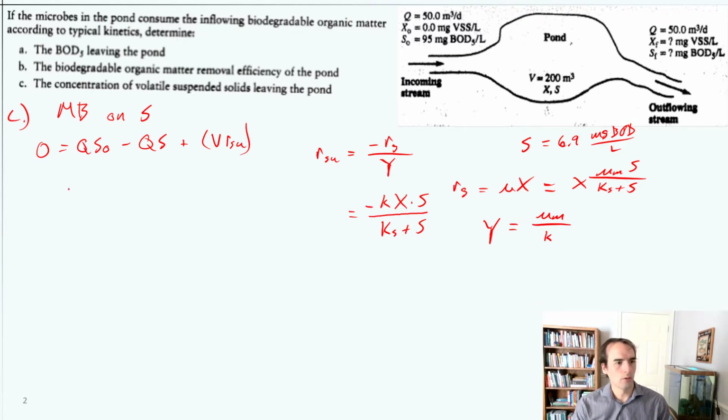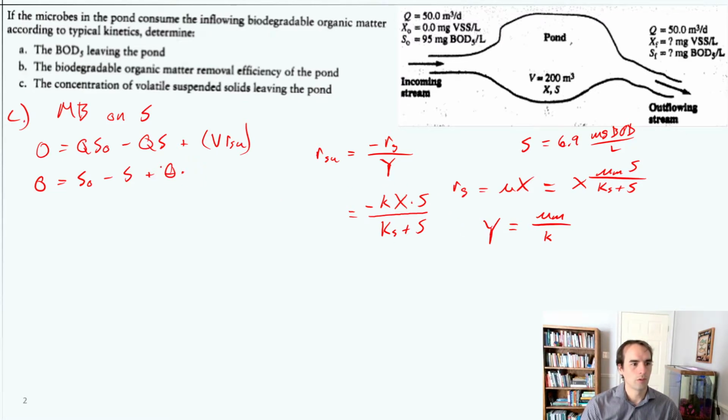So that's going to go into it, and we'll say 0 equals, and we'll go ahead and divide everything by Q. So it's S naught minus S plus V over Q, which is theta, times this guy.